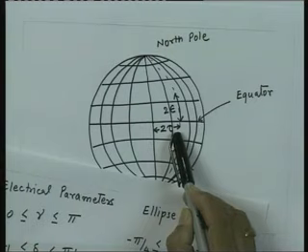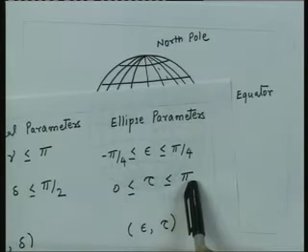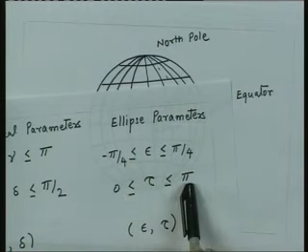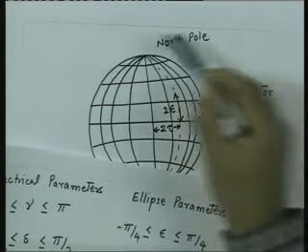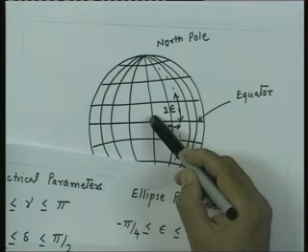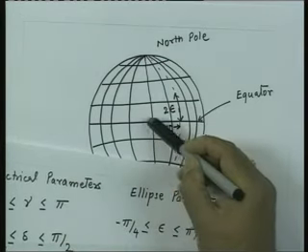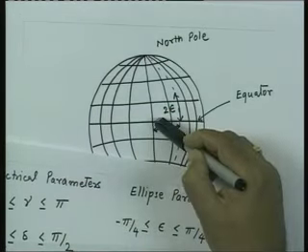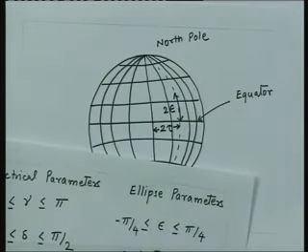Similarly, this angle 2 tau is ranging from 0 to pi, so as the tau varies from 0 to pi, essentially the longitude of this point will vary from 0 to 360 degrees. So, essentially we will have a rotation around this globe all the way up to this point.